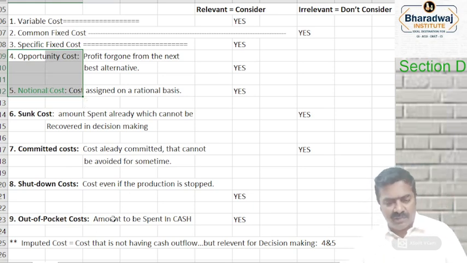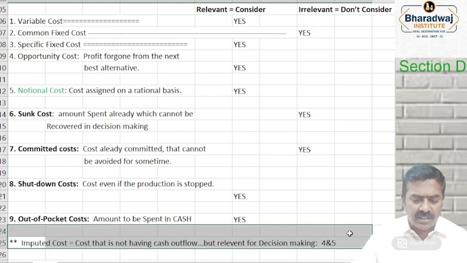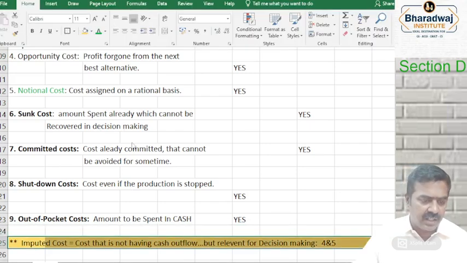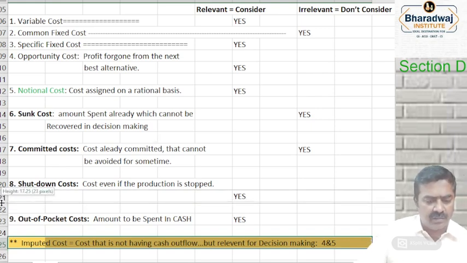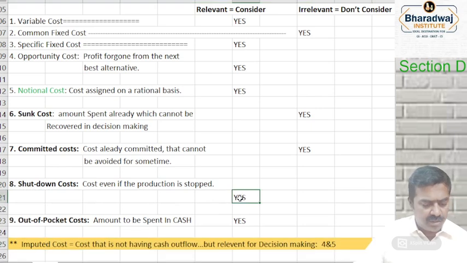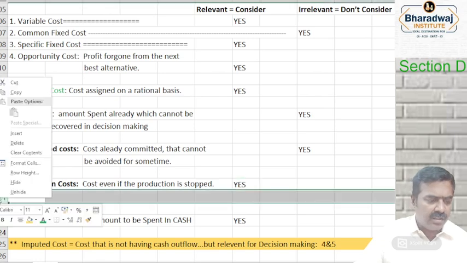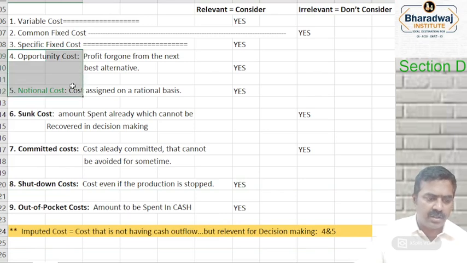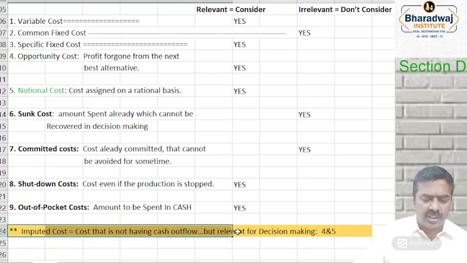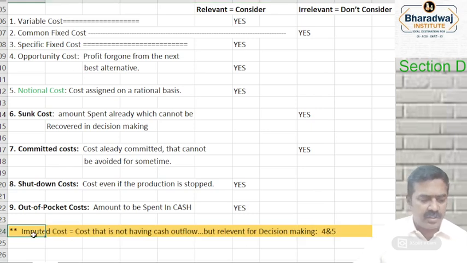We don't actually spend money. There is no cash outflow, but they are relevant for decision making. Sometimes they ask: what do you mean by imputed cost? Cost that does not have a cash outflow, such as opportunity cost and notional cost. They do not have cash outflow, but are relevant for decision making.